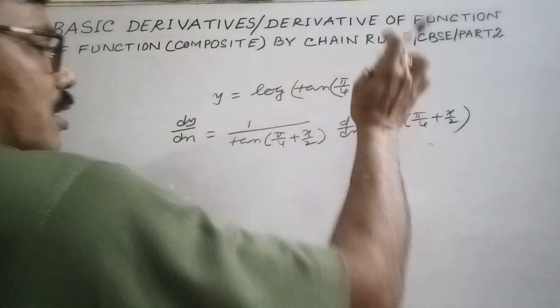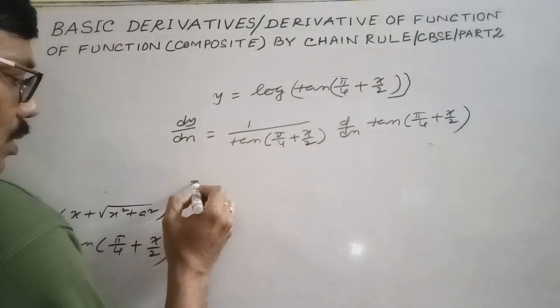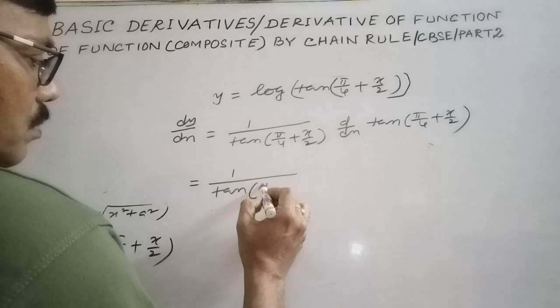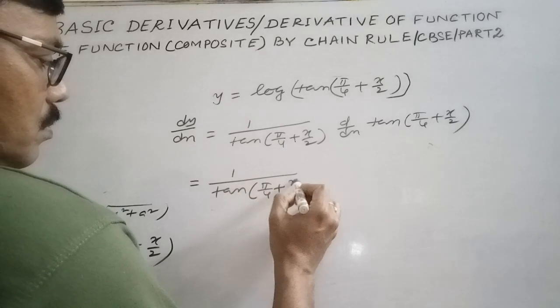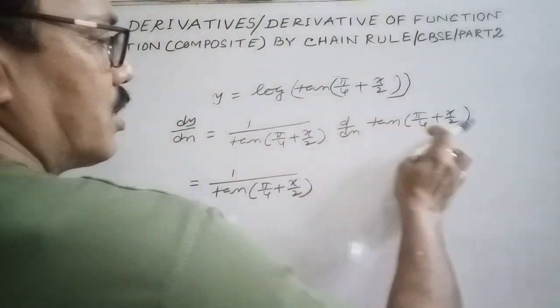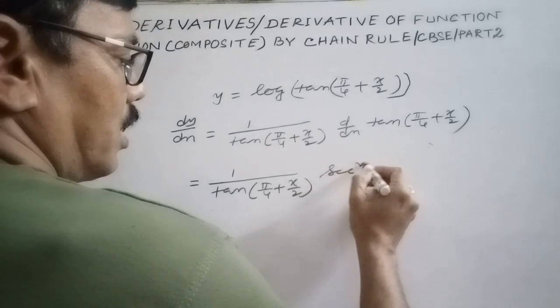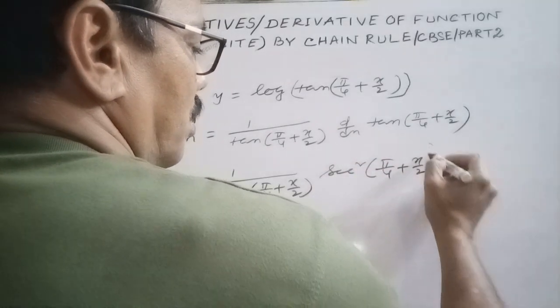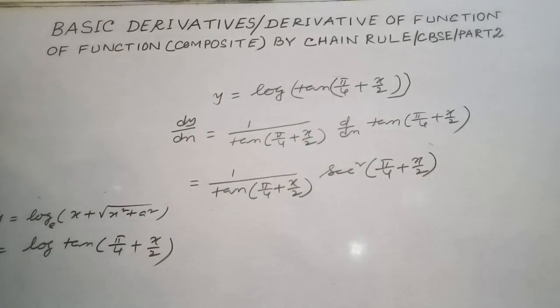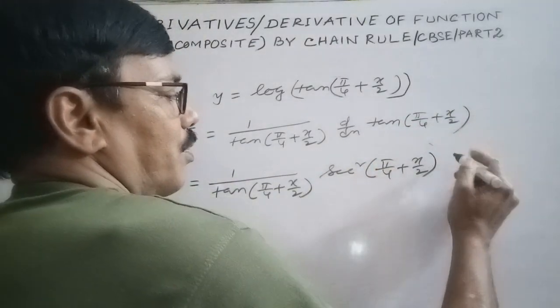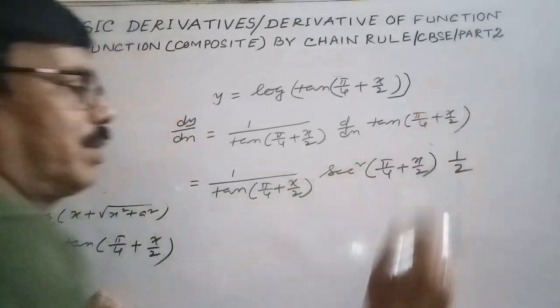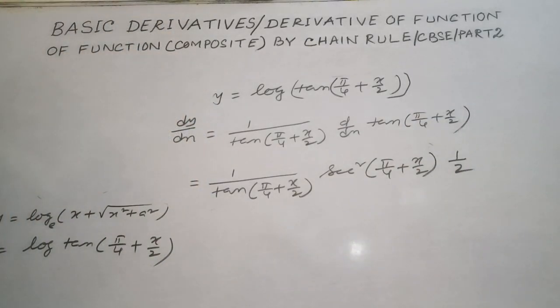The main function is tan, so the derivative of tan is sec square pi by 4 plus x by 2 and d dx of pi by 4 plus x by 2. So pi by 4 gives 0 and the derivative of x by 2 is this.